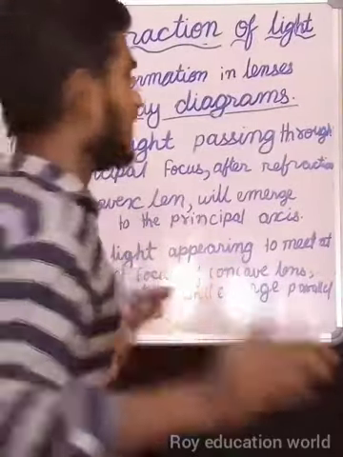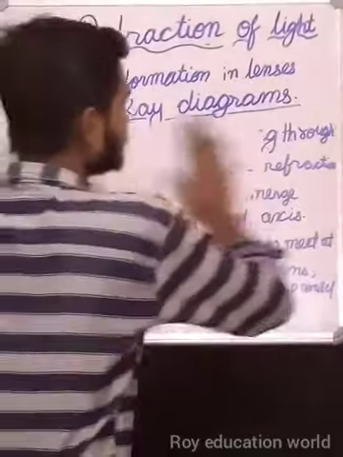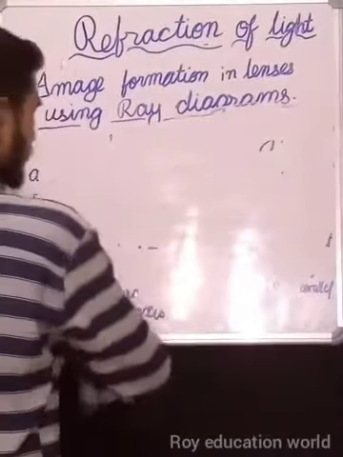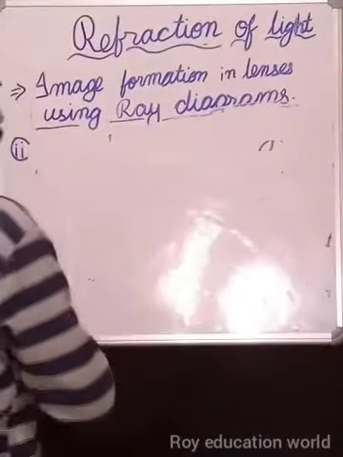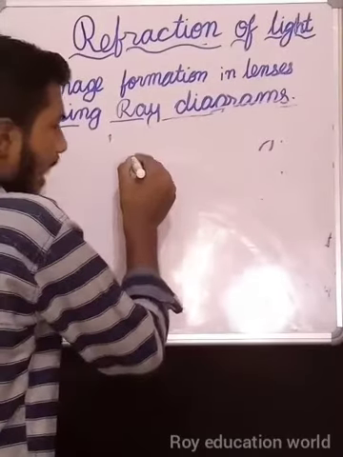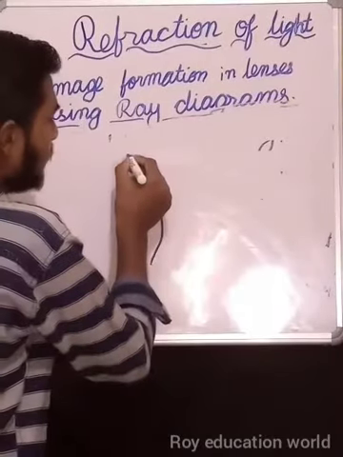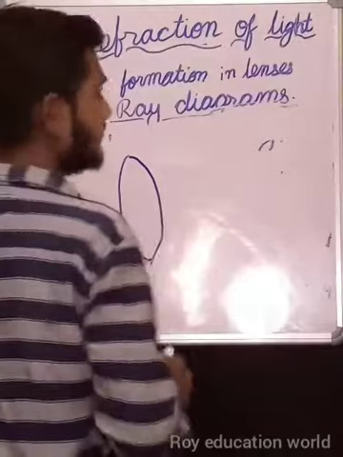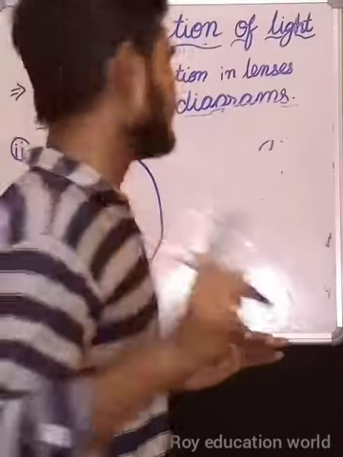Let us see the diagram. First, it is bulging outward, which means it is a convex lens.